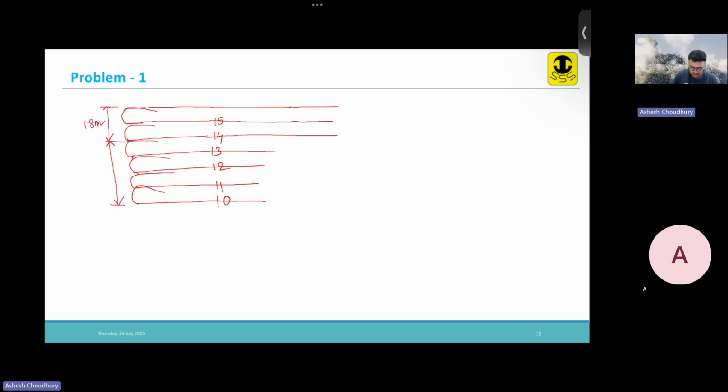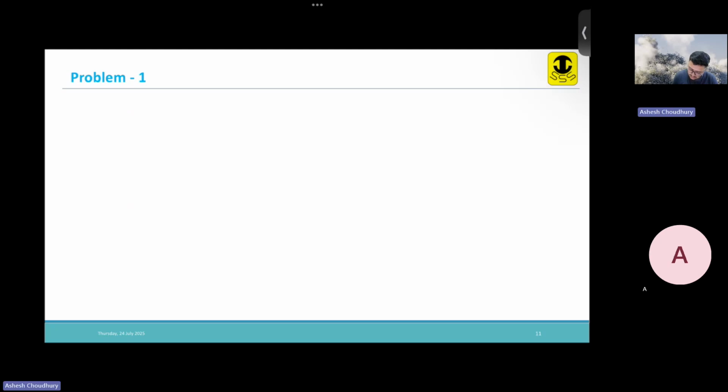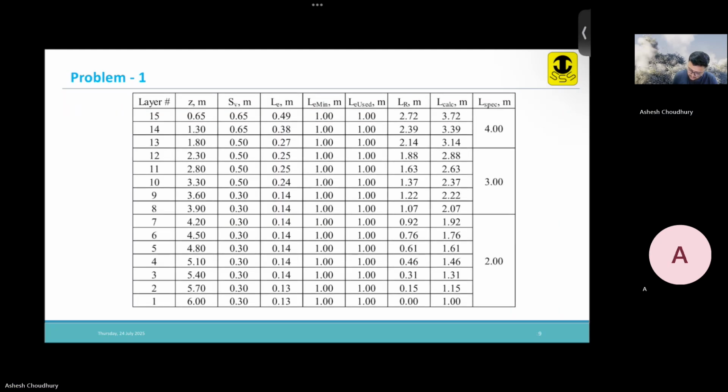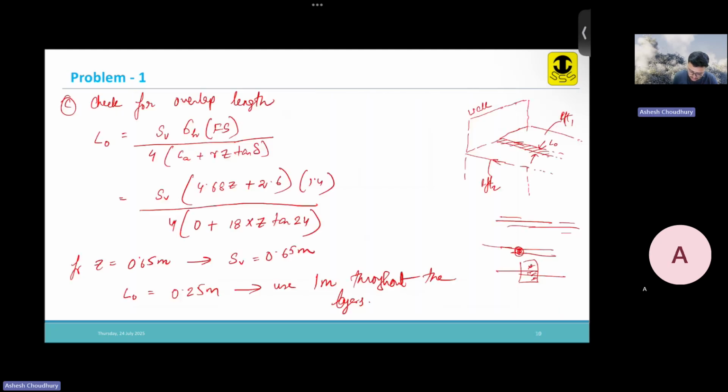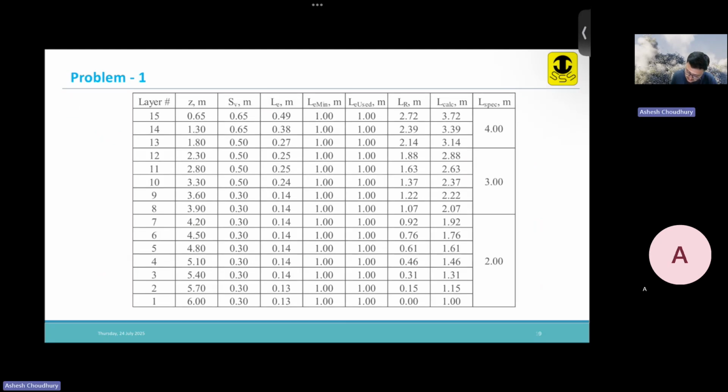Then 3 to 1.2. For 4 layers, how much spacing? 5.5, right?